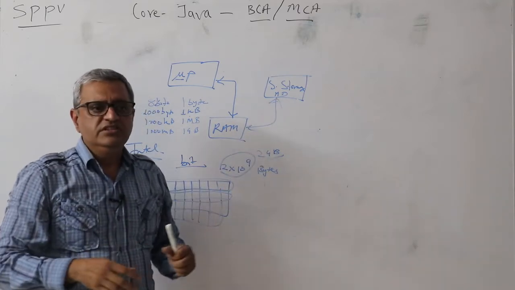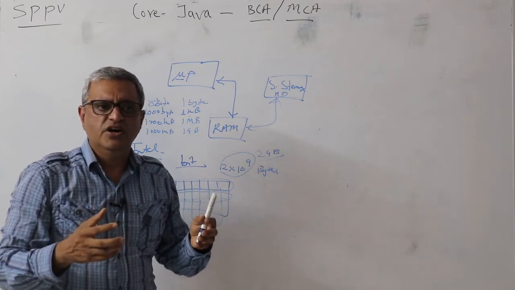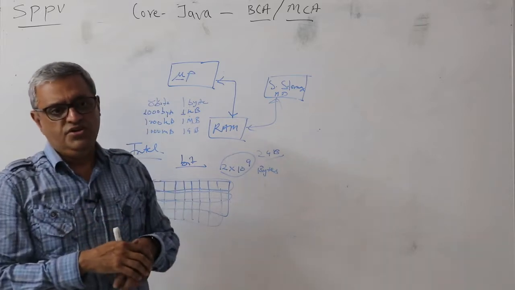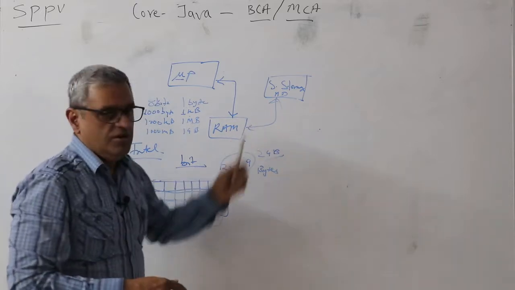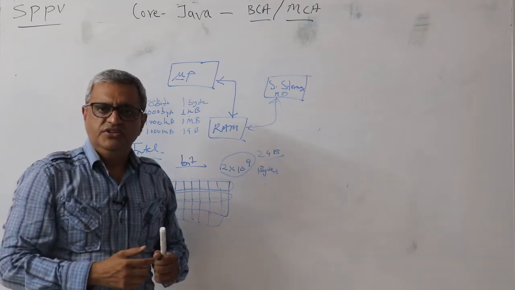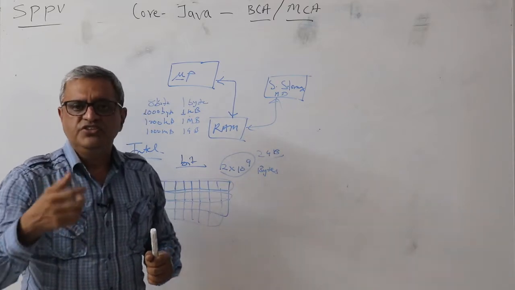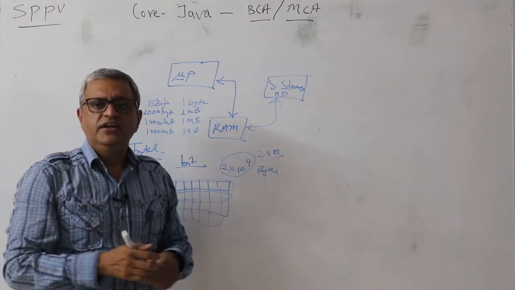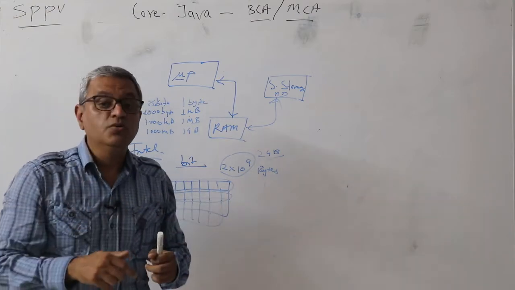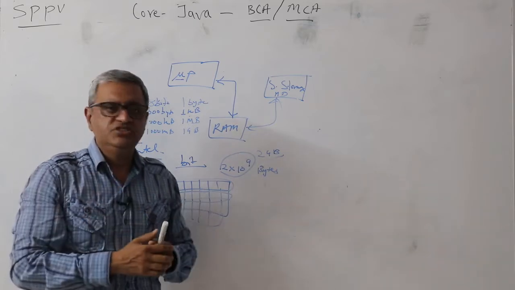Now remember one thing, secondary storage, the hard disk, is mechanical, and lots of mechanical work is involved there, because all the disks rotate continuously around the spindle, which generates a lot of heat, and the read-write heads move up and down on the cylinder, and that's where heat gets generated.